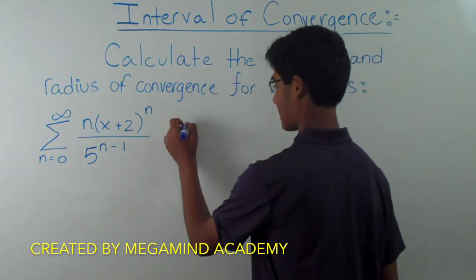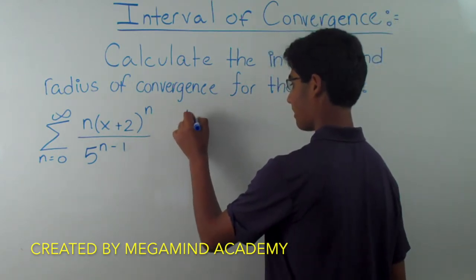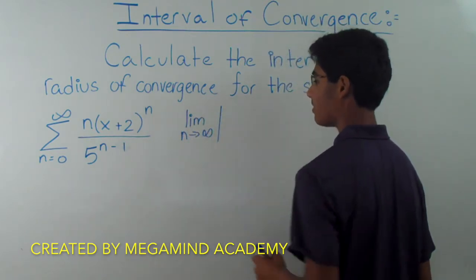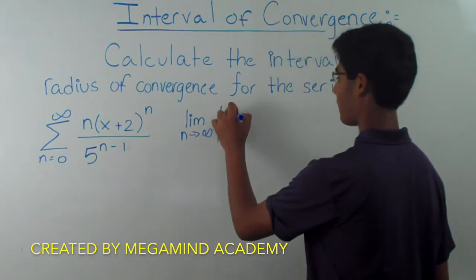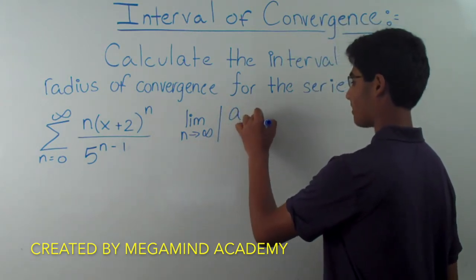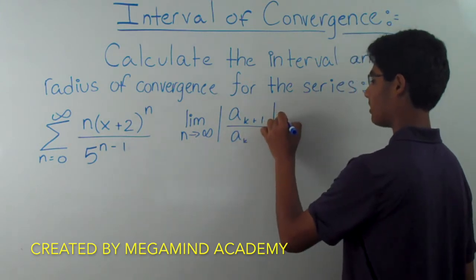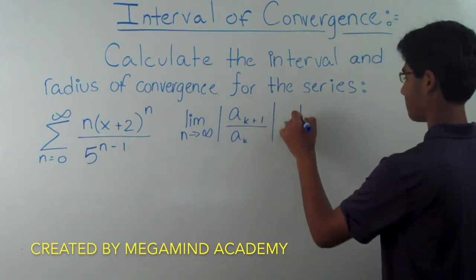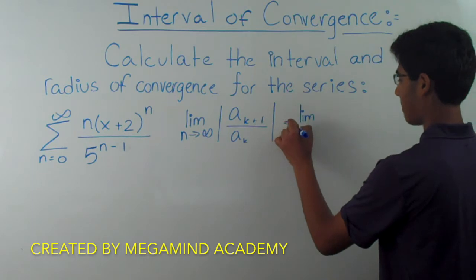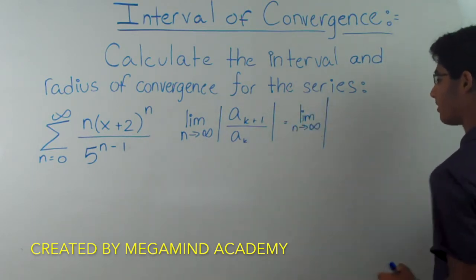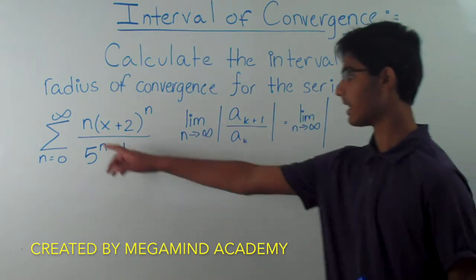So the ratio test says we have the limit as n approaches infinity of the absolute value of a sub k plus 1 over a sub k. So we know that this would be the limit as n approaches infinity of the absolute value of a sub k would be n plus 1.